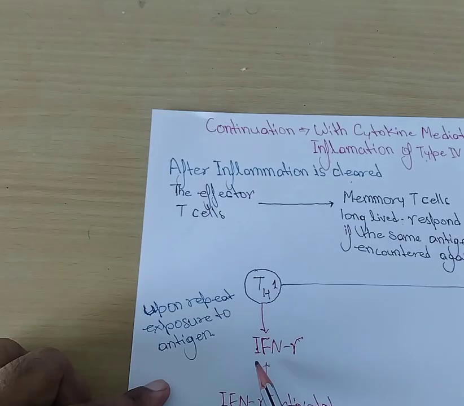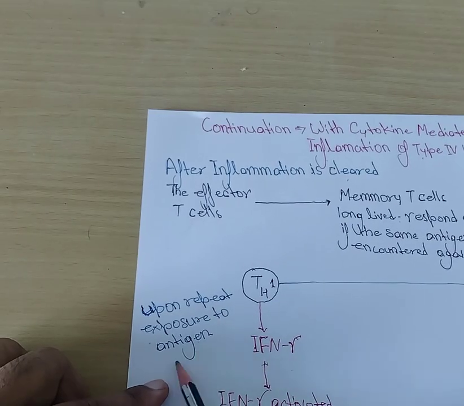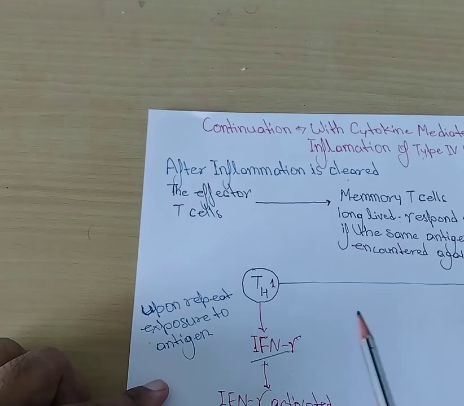Th1 cells produce interferon. Upon repeated exposure to antigen, Th1 cells produce interferon gamma.